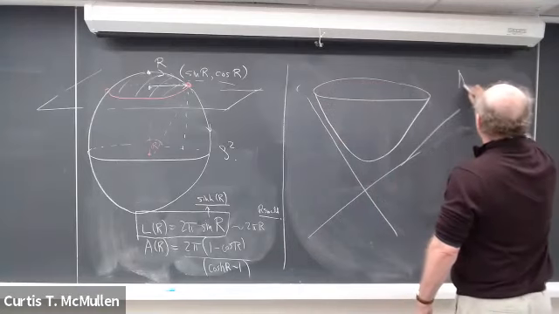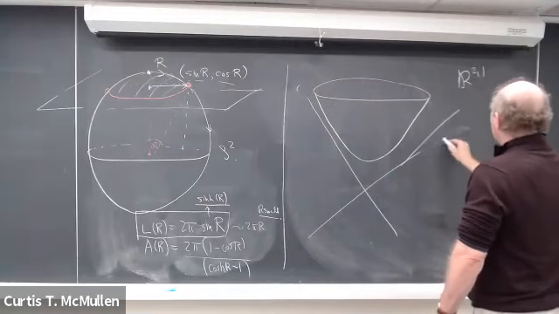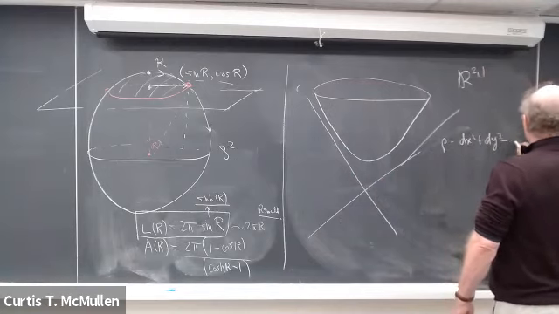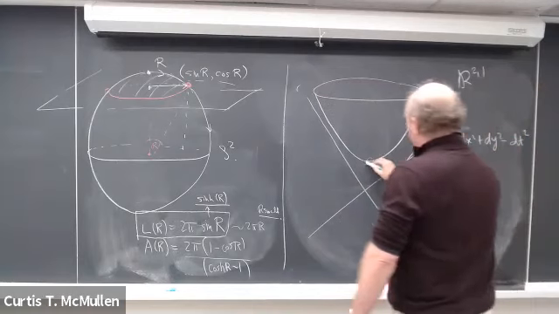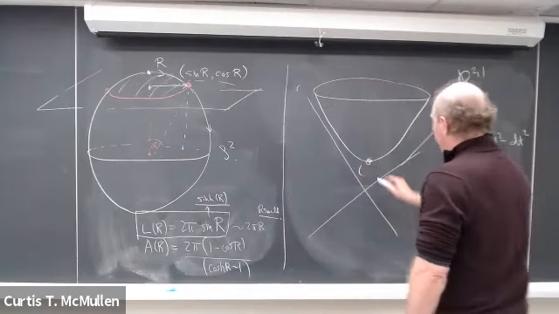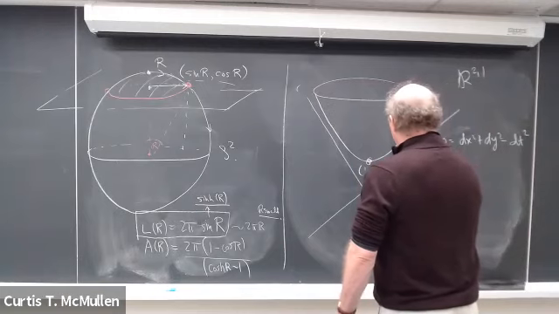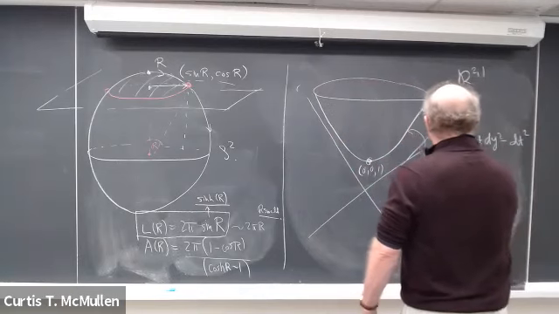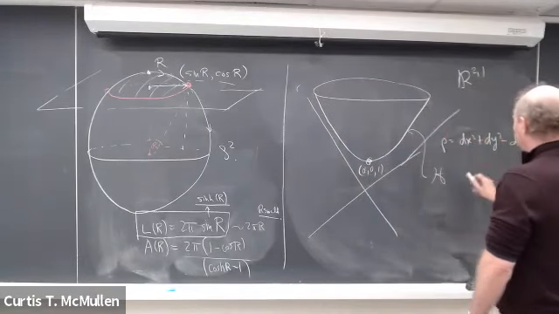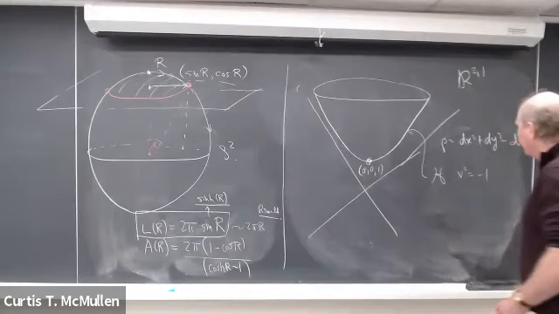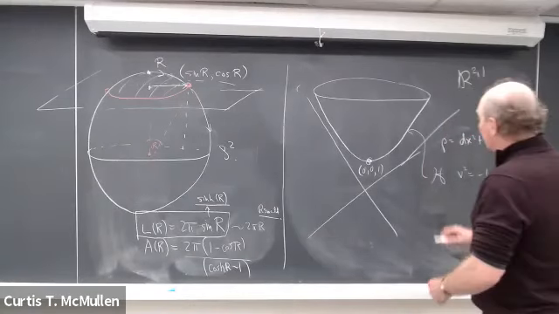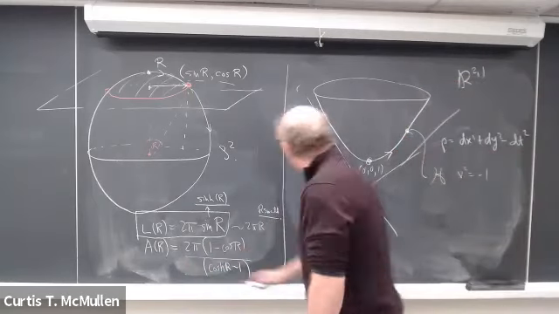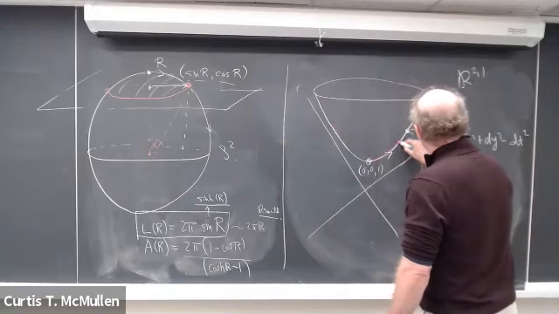So we work in R^{2,1} with our metric being dx squared plus dy squared minus dt squared. And we take our origin to be the south pole of the hyperbolic plane, if you like. This is the hyperboloid, which consists of the vectors such that v squared equals minus 1. And again, we know very well how to parameterize a unit speed path along the hyperboloid.